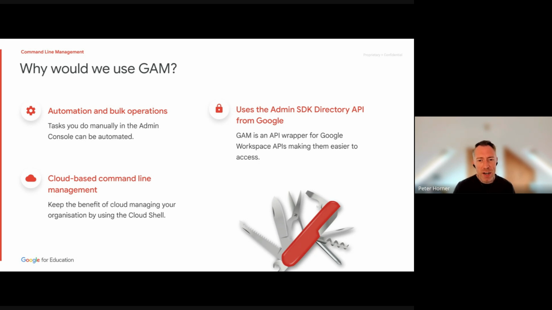It makes interacting with those APIs much easier. And what we'll highlight today particularly is how you can install GAM into your Google Cloud Shell, which is a cloud-based Linux machine that every Google Workspace admin has free access to, and it's our recommended place to install GAM.